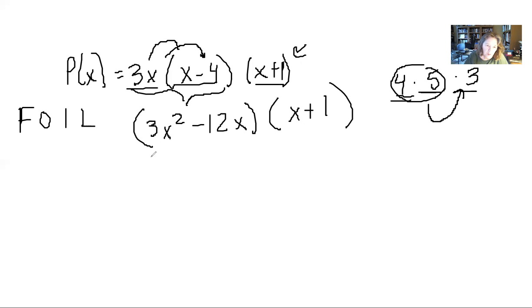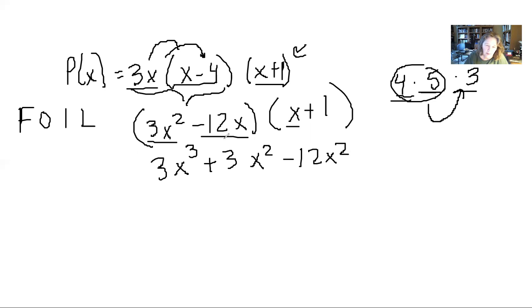Okay, 3x squared times x is 3x cubed. I do the outside ones. 3x squared times 1 is 3x squared. Then I do the inside ones. Negative 12x times x is negative 12x squared. And then I do last, which is the last one in each of the binomials. And that's going to be minus 12x.